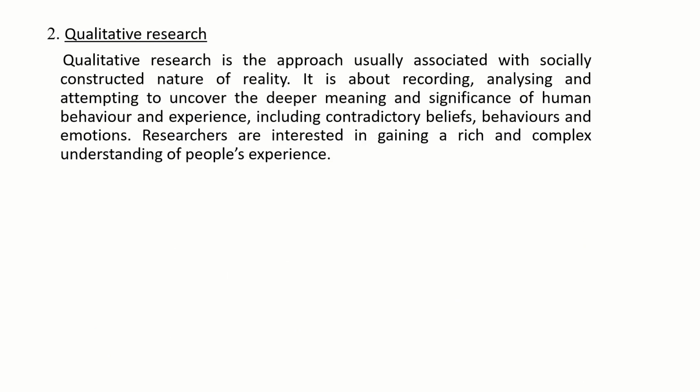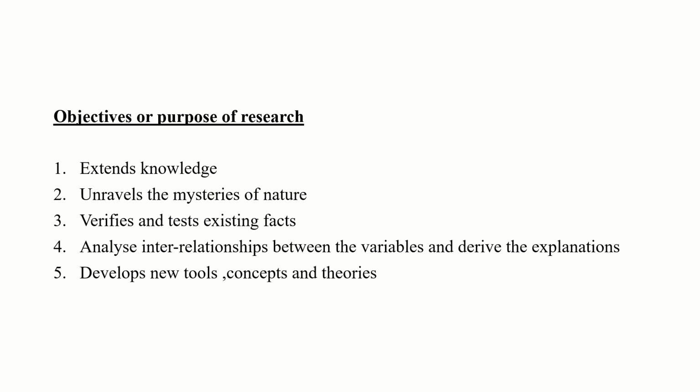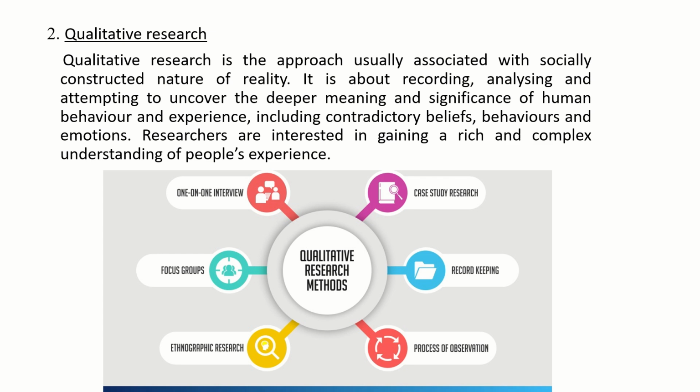Now, the next way of approaching research is qualitative research. Let's take an example: in an organization, the HR job is basically to understand how satisfied the employees are or not. How do we understand that?